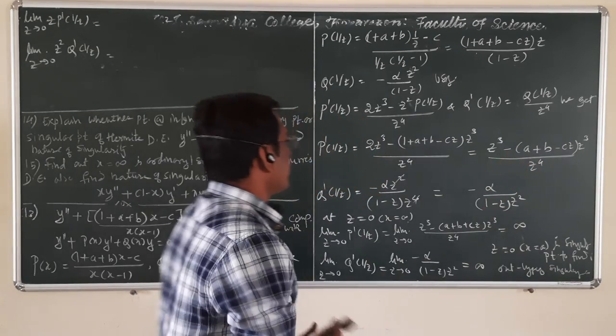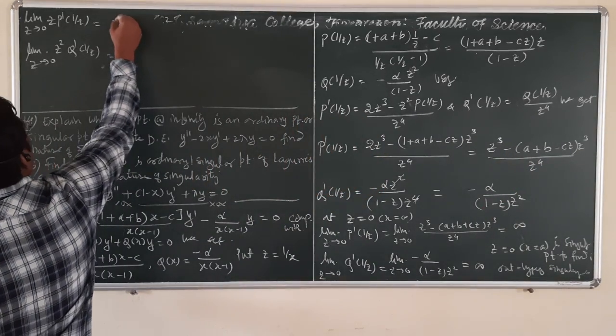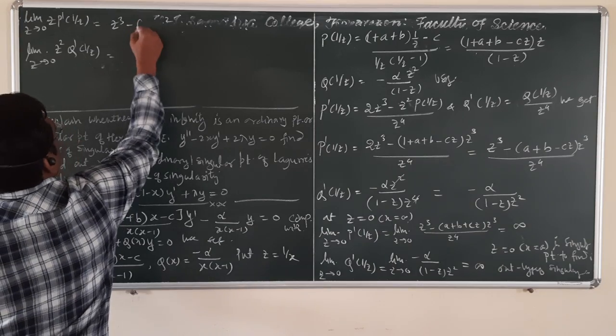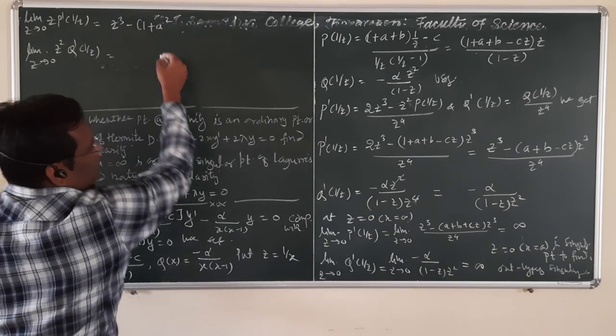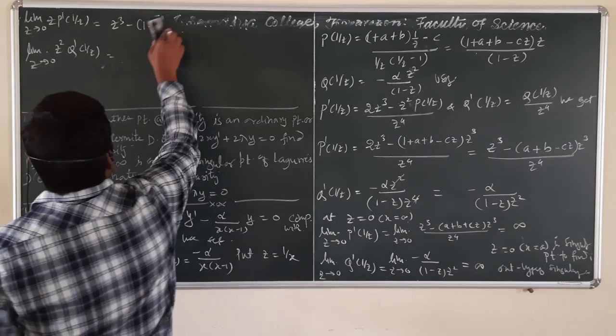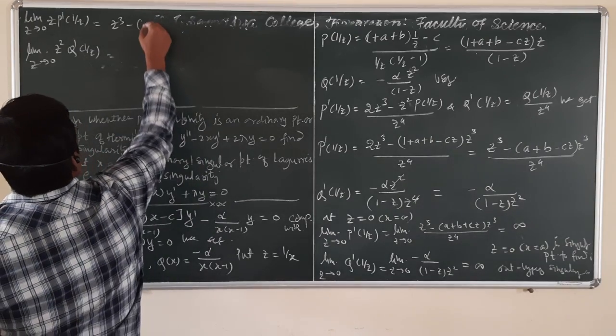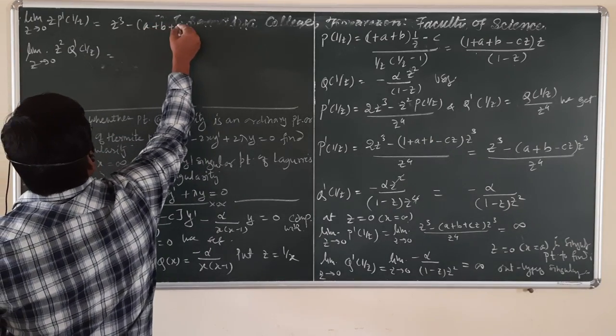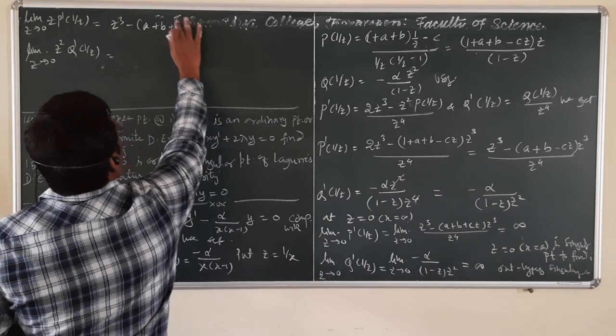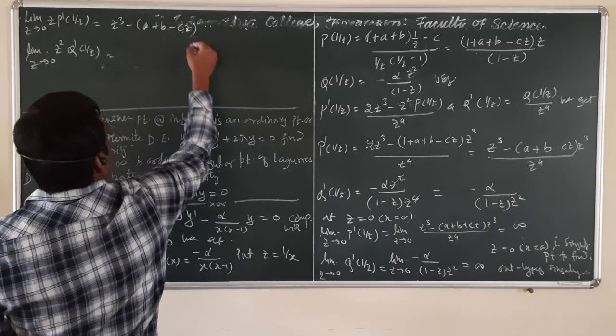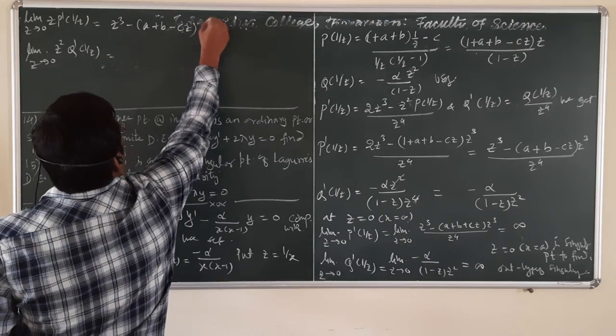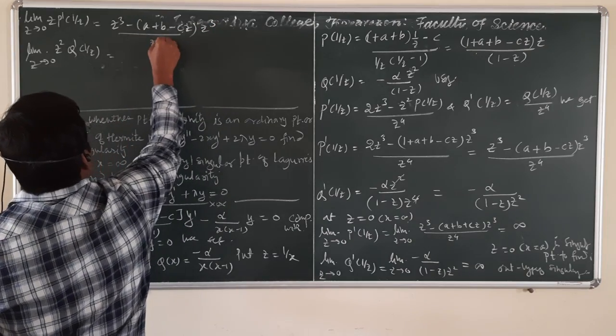So the equation is z cube minus (a plus b minus cz) into z cube divided by z cube.